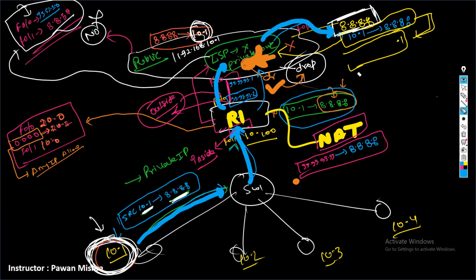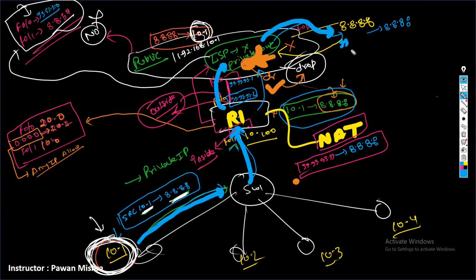Now this google.com will receive a source IP 99.99.99.2, and the destination IP is what? 8.8.8.8. Now this google.com will send back a reply.